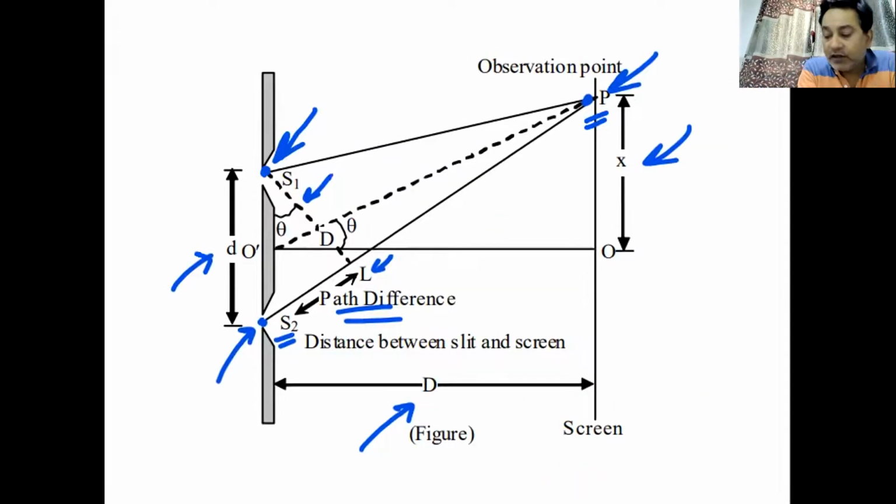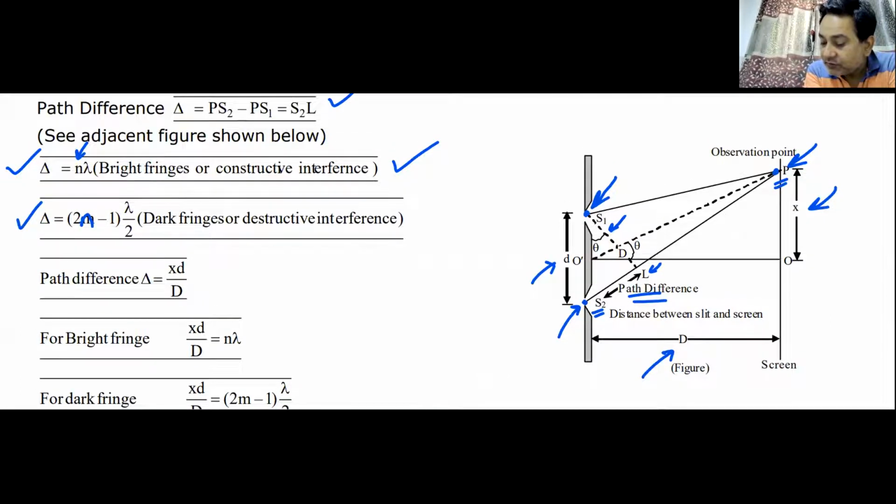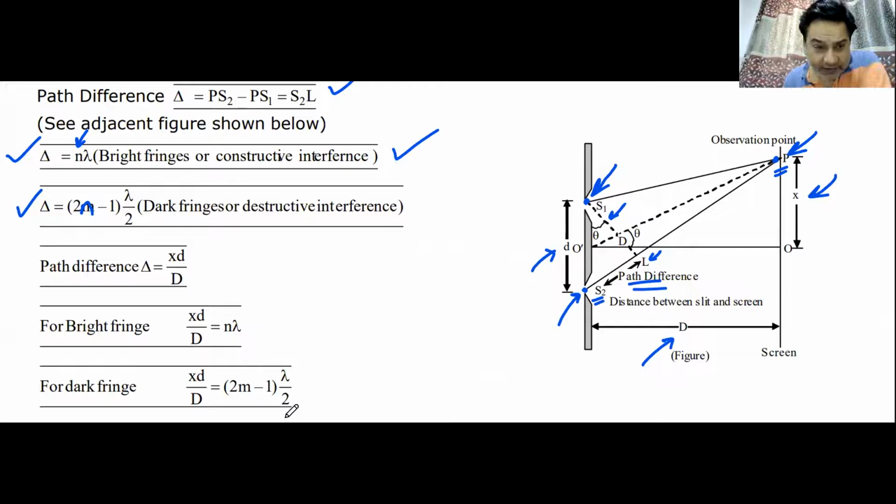And this is what you will have to draw, what I explained just now. To get the first dark fringe, apart from the central fringe, put n as 1. To get the dark fringes, put n as 1, 2, 3, and so on.